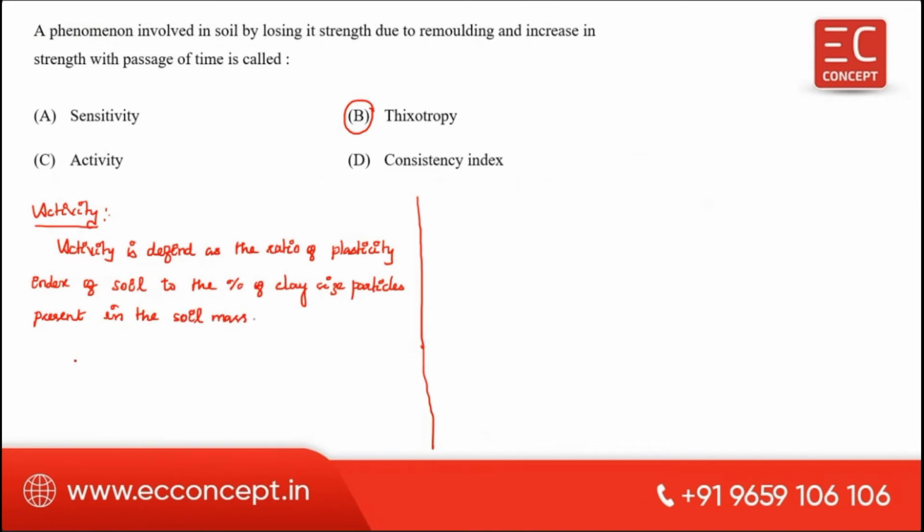So the activity of clay, which is represented by A, is equal to IP divided by the percentage of clay fraction.